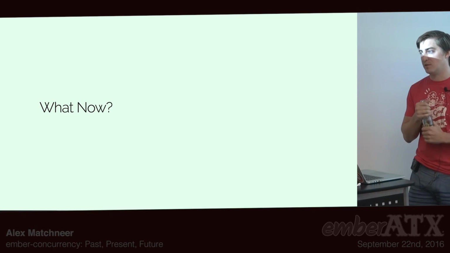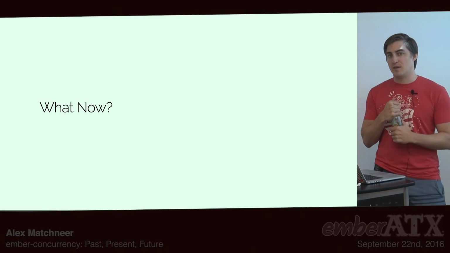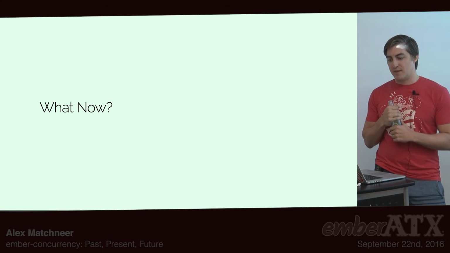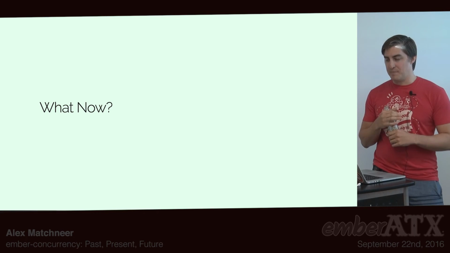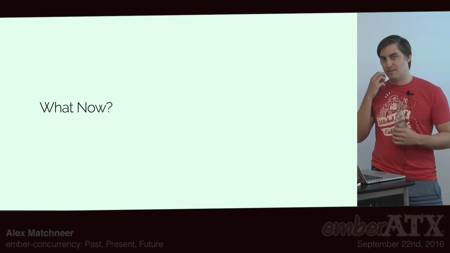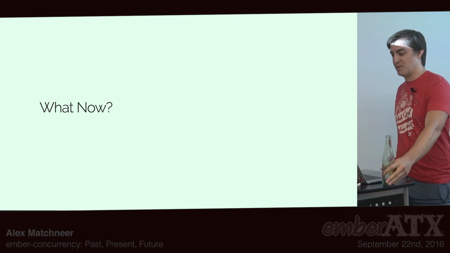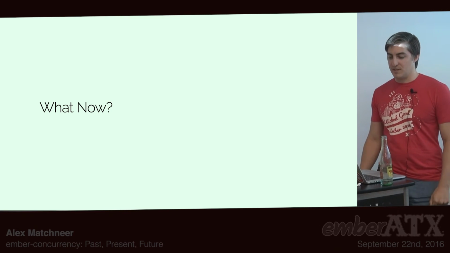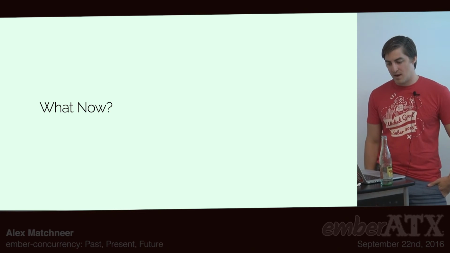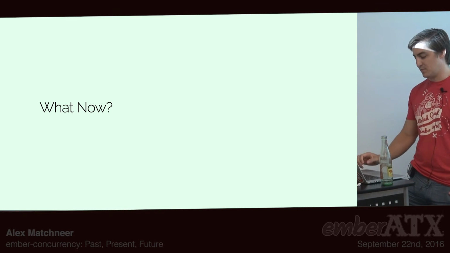If Ember wants you to load all of your data in the model hooks of a route, but then you navigate in the middle of that model hook resolving, you might want to cancel that operation, but that's really messy to do. If there was this concept of cancellation, which isn't a problem they've had to solve because promises were never cancelable, then I can imagine some really nice integrations that are better than what just comes with the Ember concurrency add-on alone. So maybe someday it will be the replacement for actions.